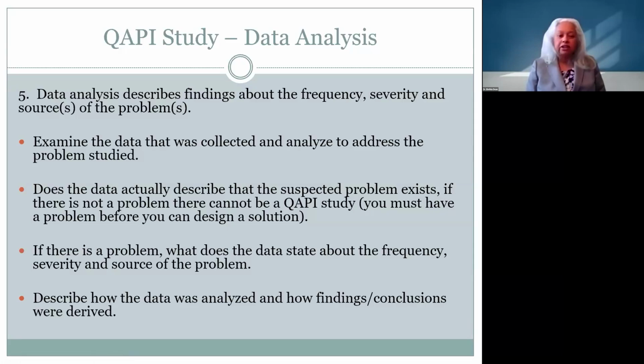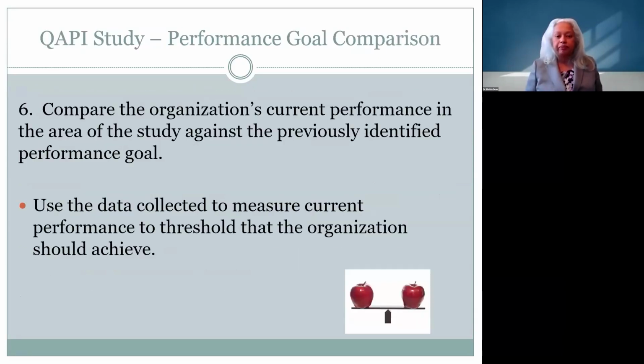What is the problem? What is the frequency, severity? Where is this problem coming from? This is where you analyze it to see if you can come to a decision on what changes you need to make in order to stop these infections from occurring.